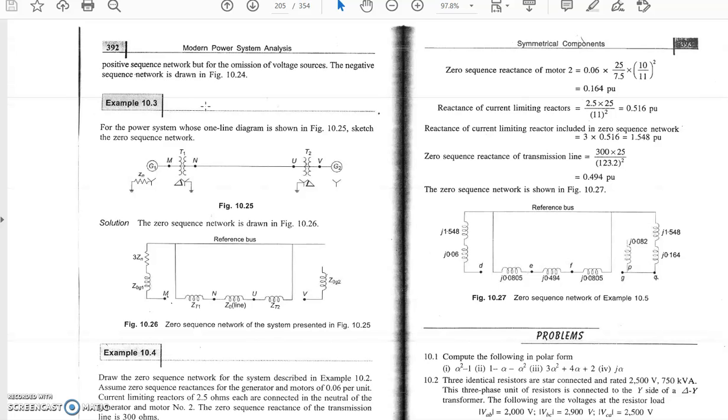Then you have to draw the circuit for the positive, negative, and zero sequence network. In the negative and zero sequence networks, no induced EMF will be shown in that circuit. And in the zero sequence network, according to the type of connection, you have to connect the circuit either to the line or to the reference bus. So these things you have to check and solve your numerical.